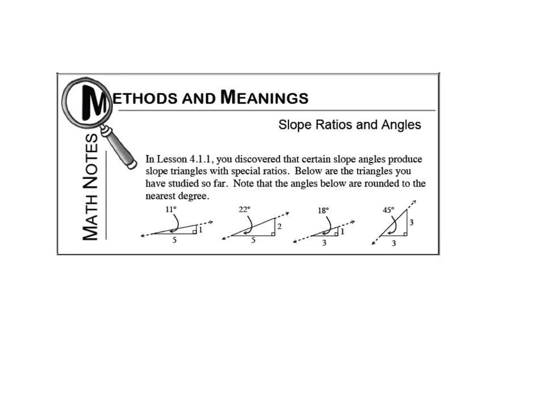If you take a look at the math notes from lesson 4.1.2, it summarizes these ratios nicely. Okay, we are going to use this table for today, and then eventually we'll get a better tool that we're going to use. But right now, I've discovered that these different angles have these different ratios. So anytime I see a triangle that has an 11-degree angle, I know that the ratio of rise over run is going to be 1/5.